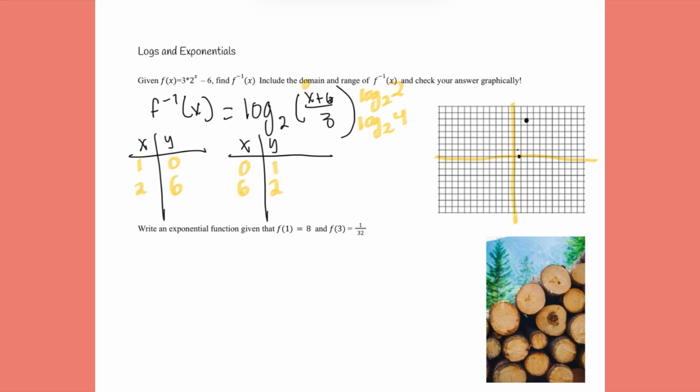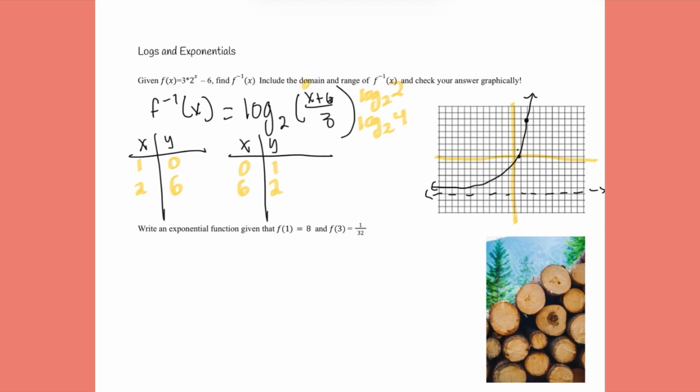And the final thing I'm going to graph for my exponential function is that horizontal asymptote at y equals -6. So here is my exponential function.